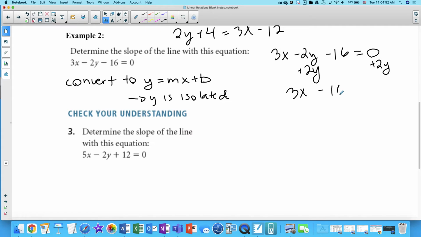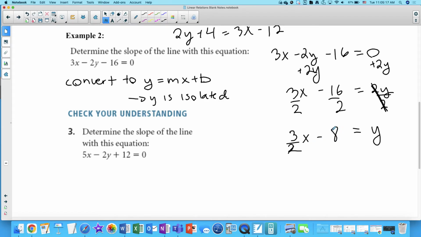3x minus 16 equals 2y, and then I just divide everything by 2. Okay, and this cancels. And if you can simplify here, you should do so. So the slope here I can't simplify. It's just 3 over 2x, but negative 16 divided by 2 is minus 8.